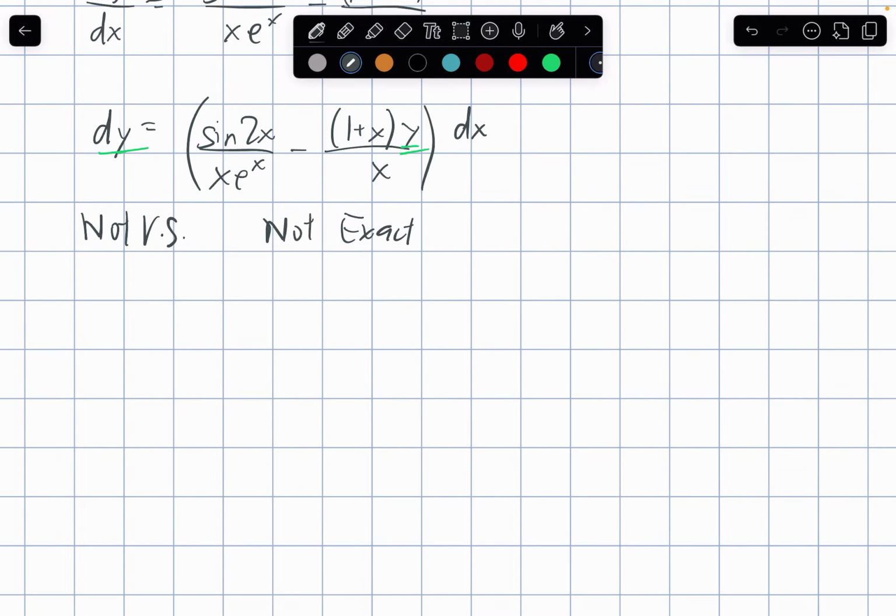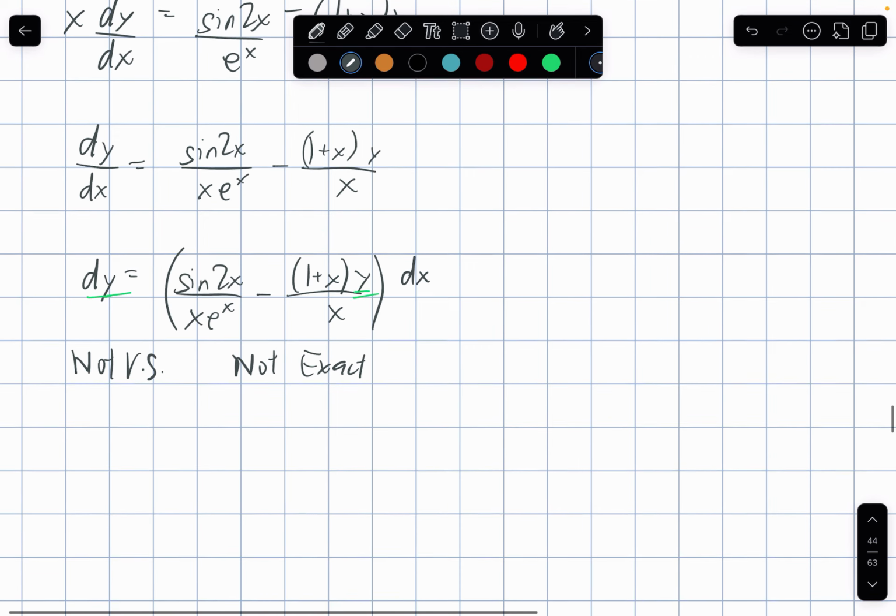So that could give you a crude estimation, helping you identify how to solve a first order DE. So now let's convert it into standard form.